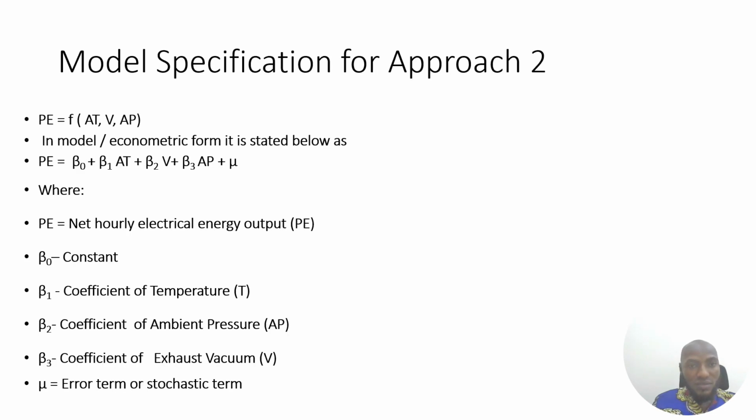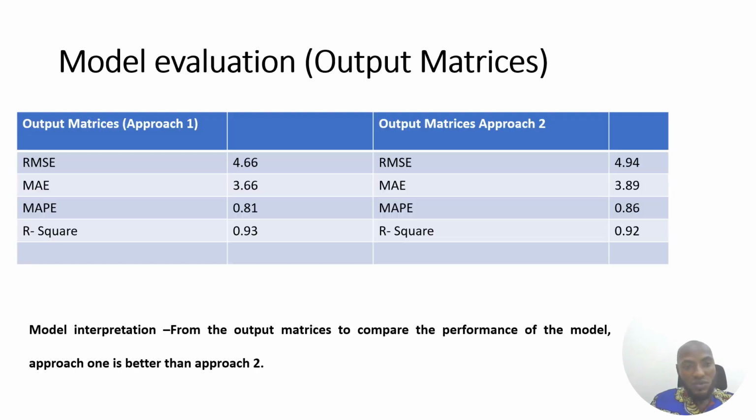In the model specification for approach 2, you can see I've dropped the variable, and this is the model specification, PE being a function of this. RH is no longer in the model specification for approach 2. Now, model evaluation output matrices.